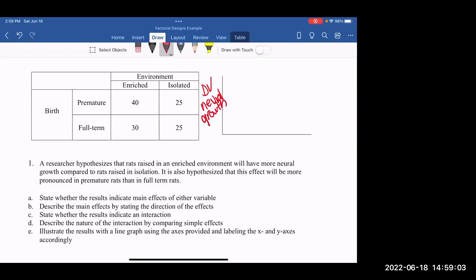Okay. And as far as axes, we range from 25 to 30. Okay. So let's just do differences in terms of fives. Okay. So we'll do maybe 20 here.